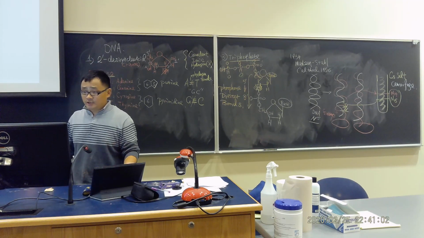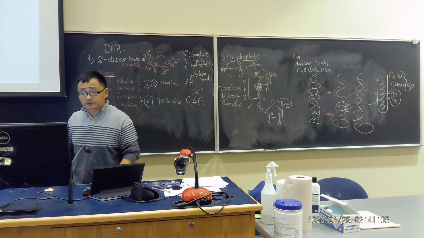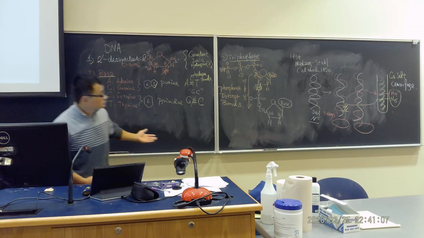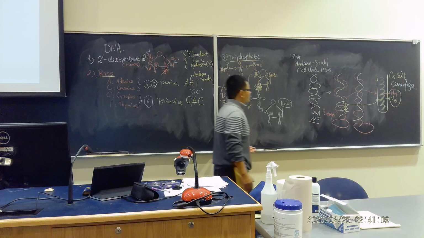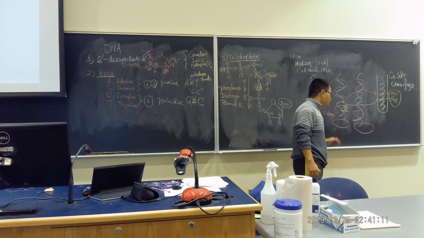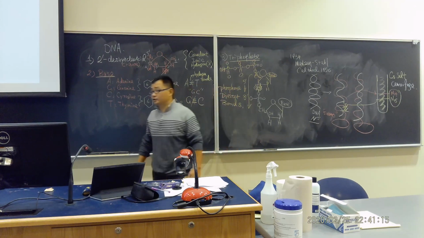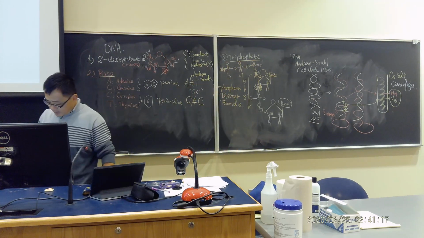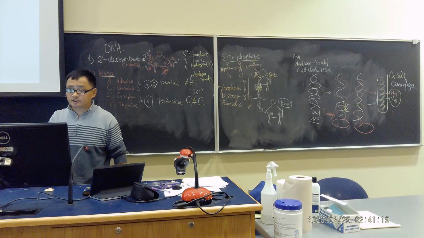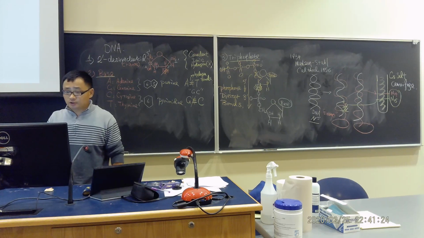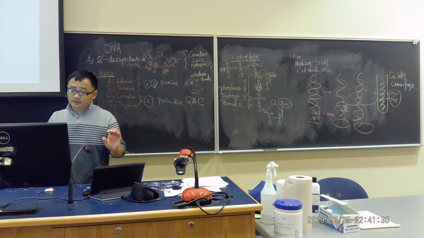Okay. DNA replication, we already talked about. It is semi-conservative. Meselson and Stahl confirmed it. Then we're going to talk about the details. Everything happens at the replication fork. At the beginning, they used E. coli as an example, because the E. coli DNA is usually circular.